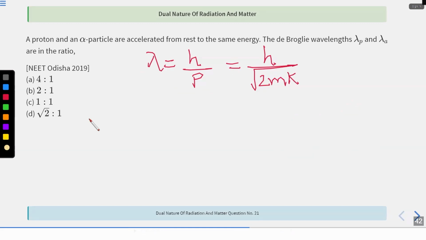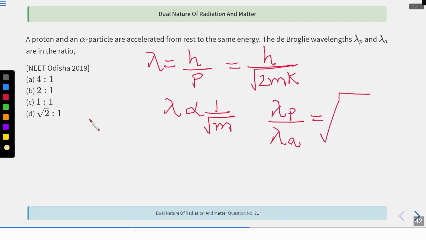So we can say that lambda is inversely proportional to the square root of the mass, right? So we can tell that lambda p by lambda a is equal to root of mass of alpha by mass of p. So therefore it's nothing but 2 by 1.